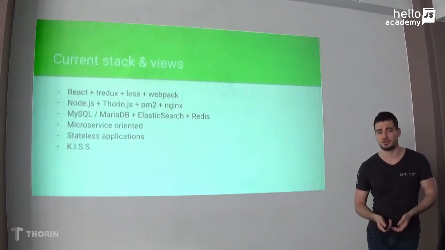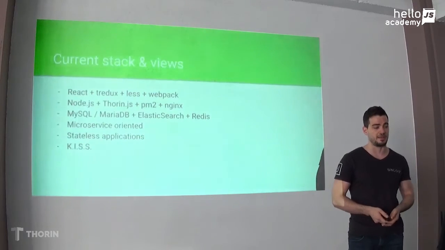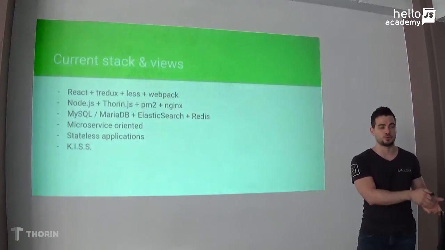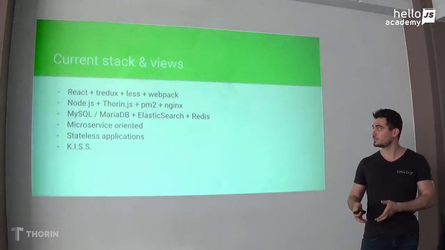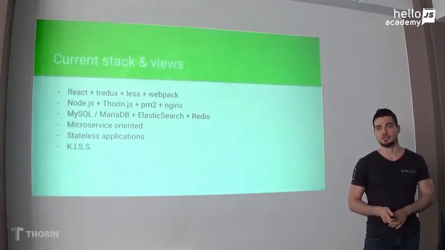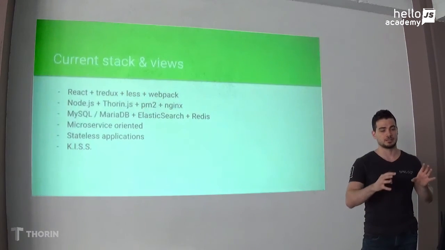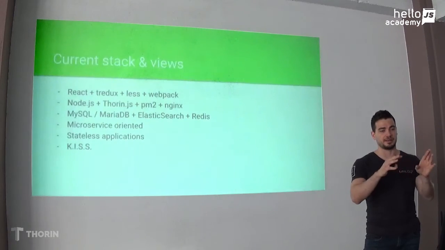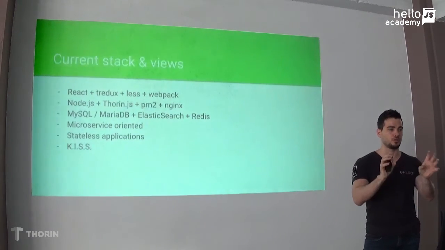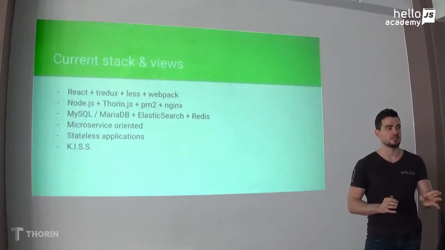Now our views on the current projects that we have shifted from monolithic approaches to microservice oriented approaches, where you have to kind of divide your whole application into smaller, more maintainable bits.